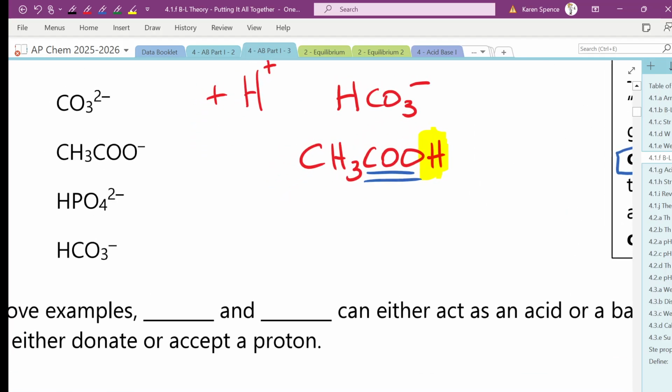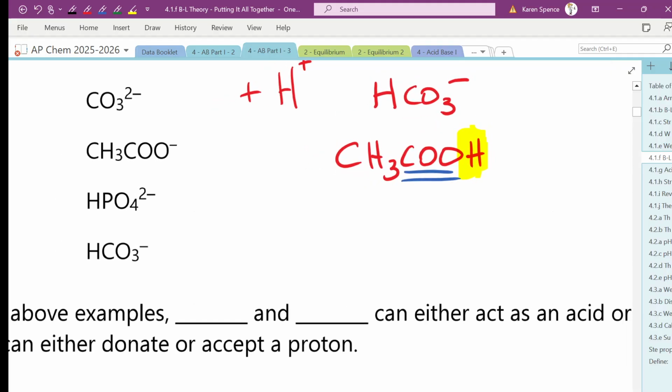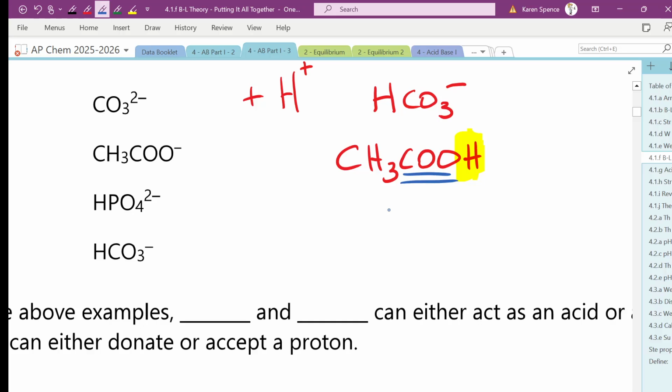All right, HPO4 2 minus. Its conjugate acid is, Edward?